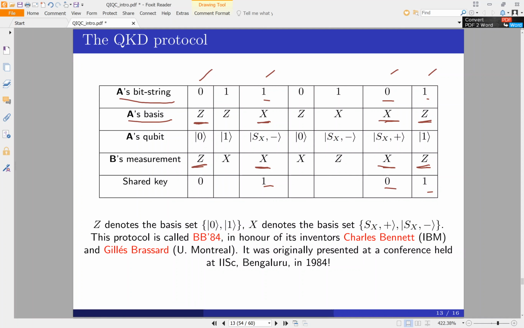And so they have generated a secret key 0101. So though they started with, let's say, a 7-bit string, they ended up with a 4-bit string, which is now secret between them. Why is it secret? We'll see that in the next slide.